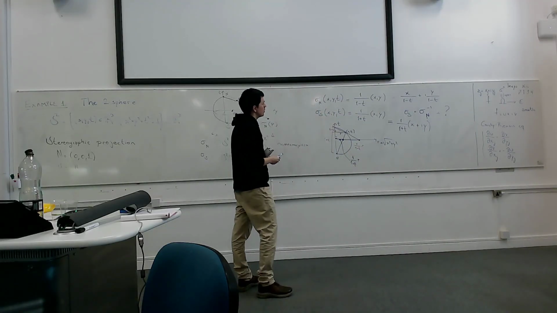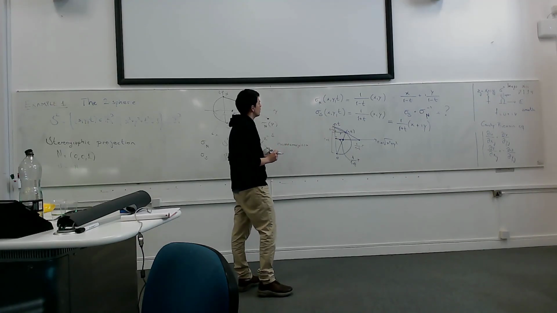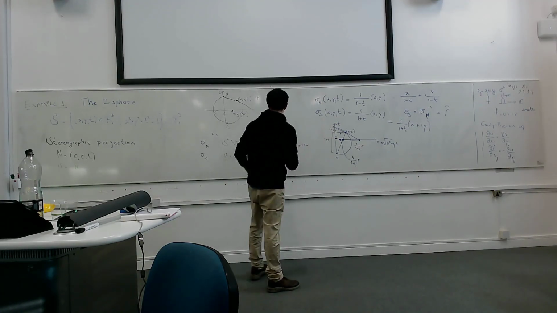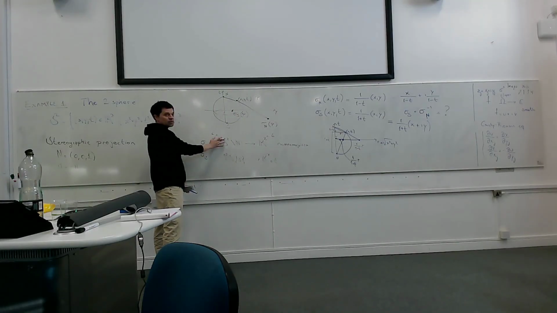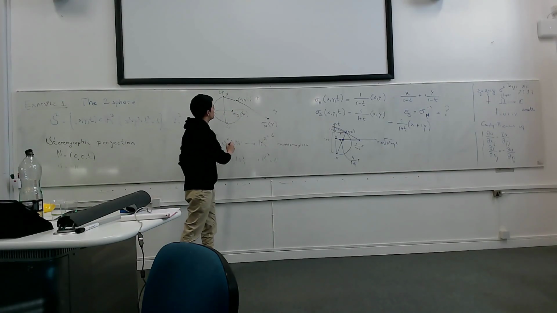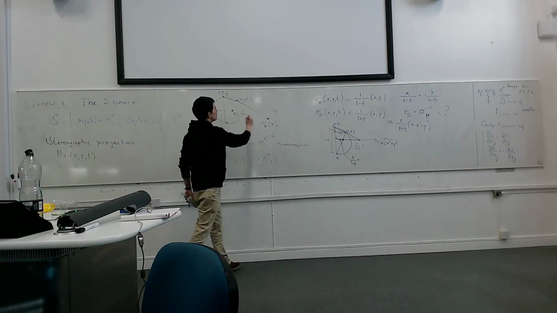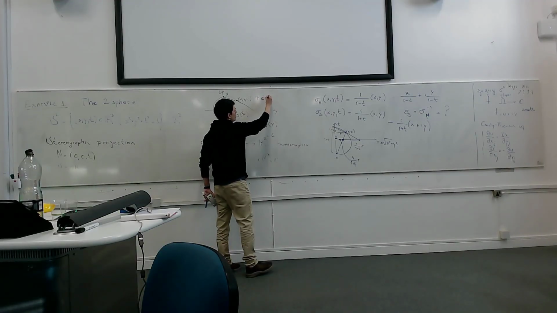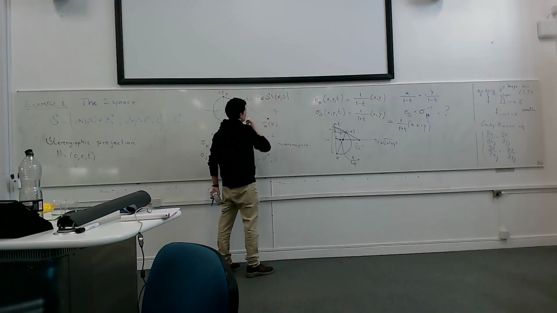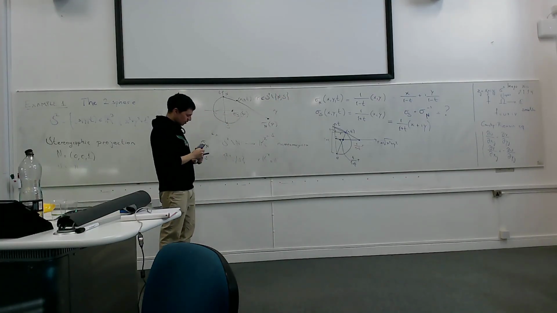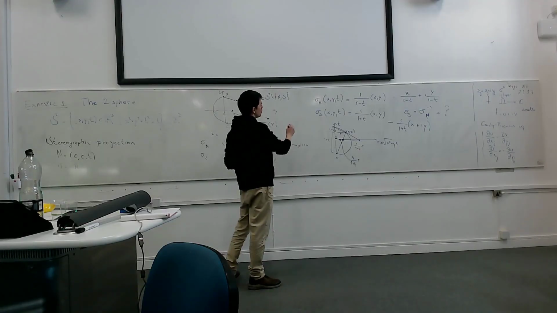Okay, so let's say now that we have a point in the intersection of these two open sets. So let's say that this P is a point in S2 and is none of the poles. So then we have these two complex numbers.